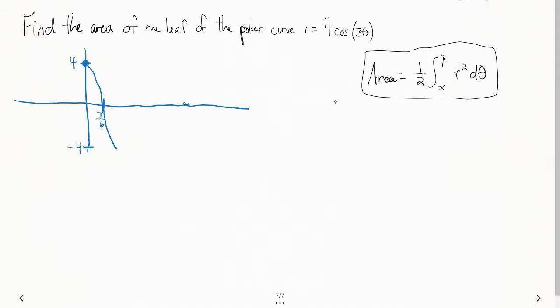Well, that usually would occur at pi, but since we've compressed it by a factor of 3, this is pi over 3. Okay, so then we come back up, and where would this next one be? Well, this would be 3 pi over 2, but since we compressed by a factor of 3, I believe that should be pi over 2.